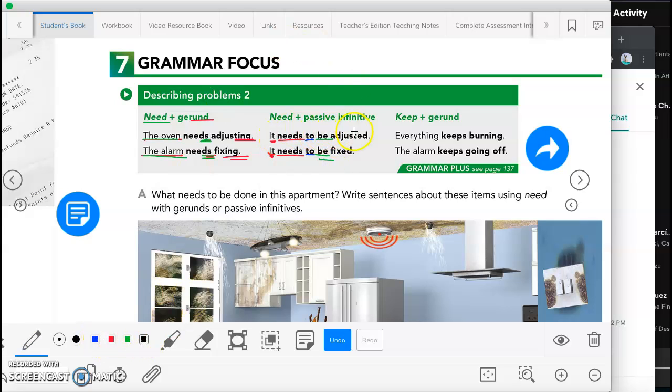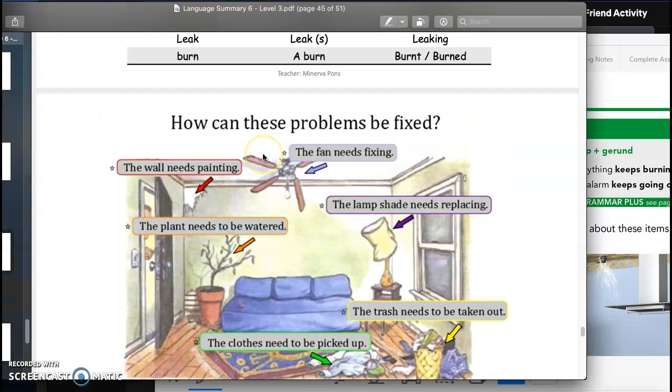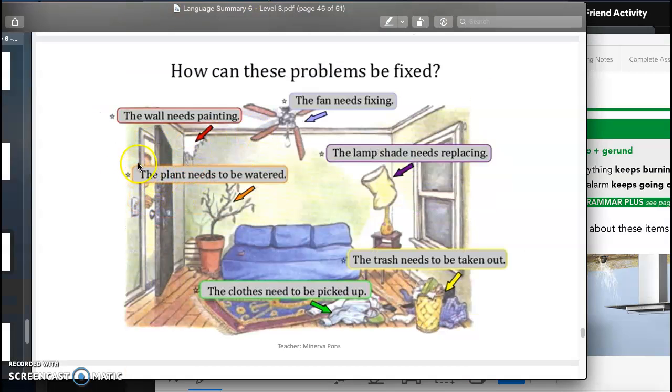And one more time, we are going to be using the past participle of the verbs. So we will be saying it needs to be adjusted. It needs to be fixed. Like in here, the plant needs to be watered. The clothes need to be picked up. The trash needs to be taken out.